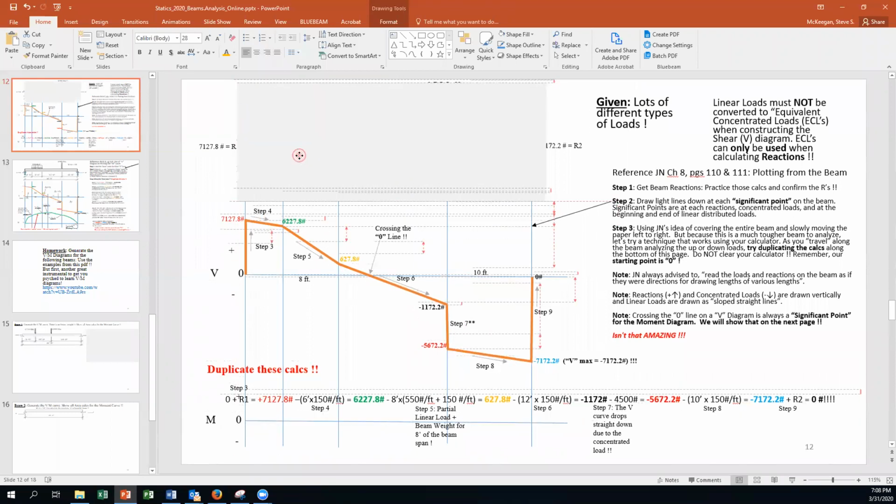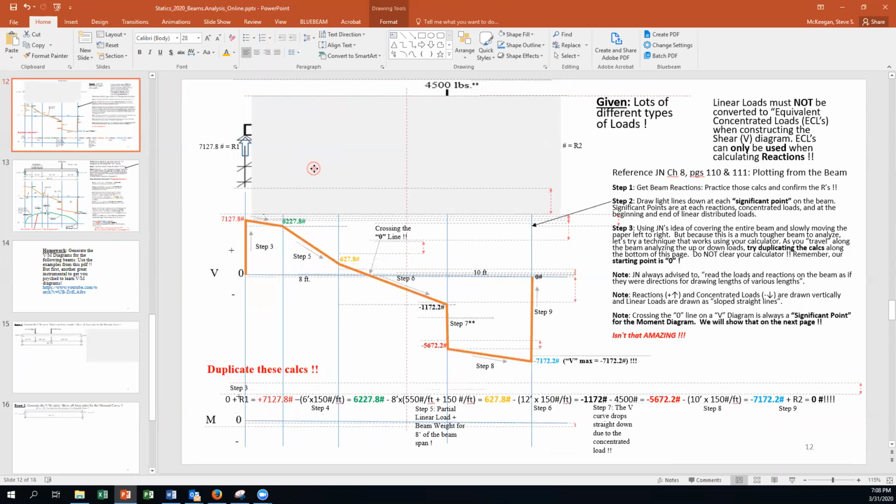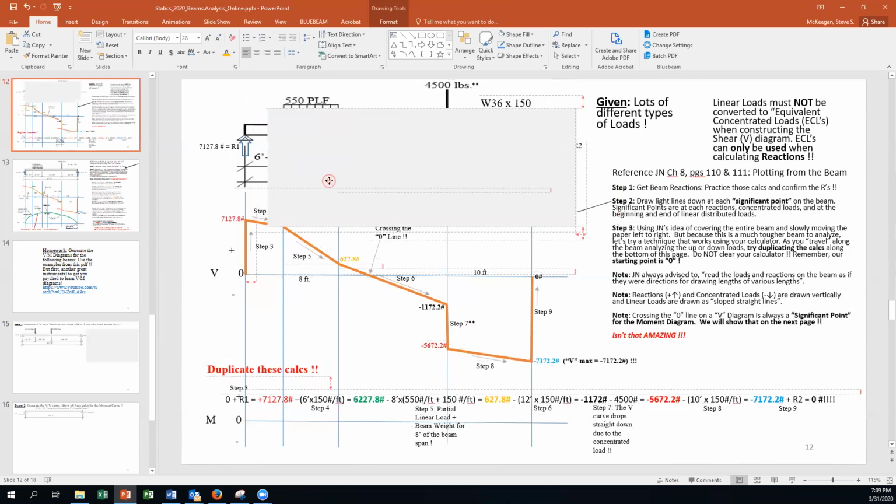Okay. So if you cover that whole beam, you move slowly, there's your first end reaction. Now, how much are you going to drop every foot? 150.